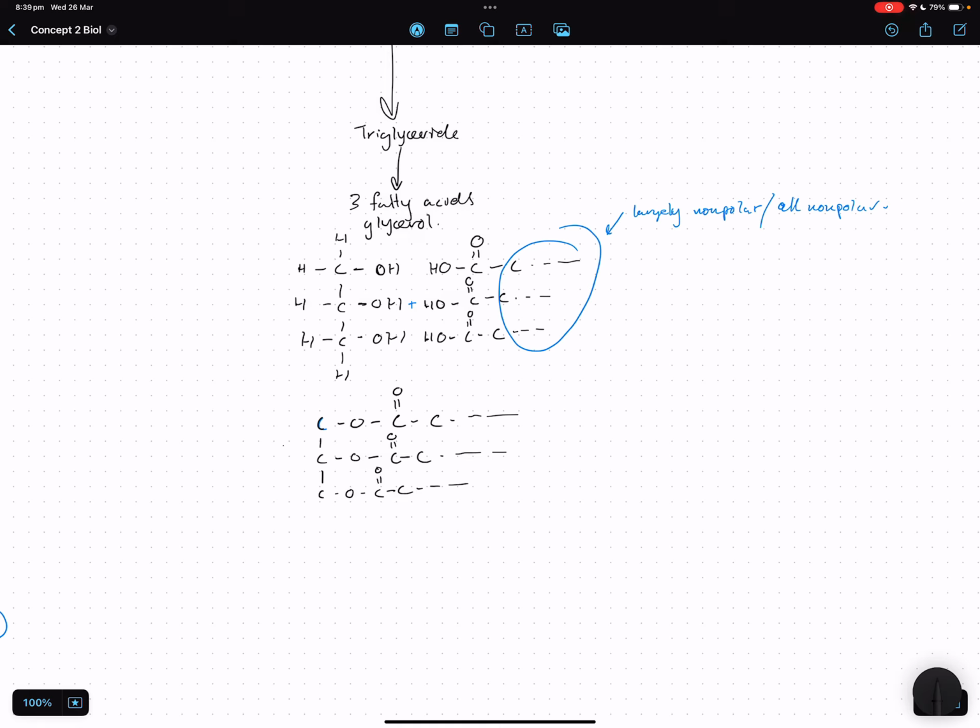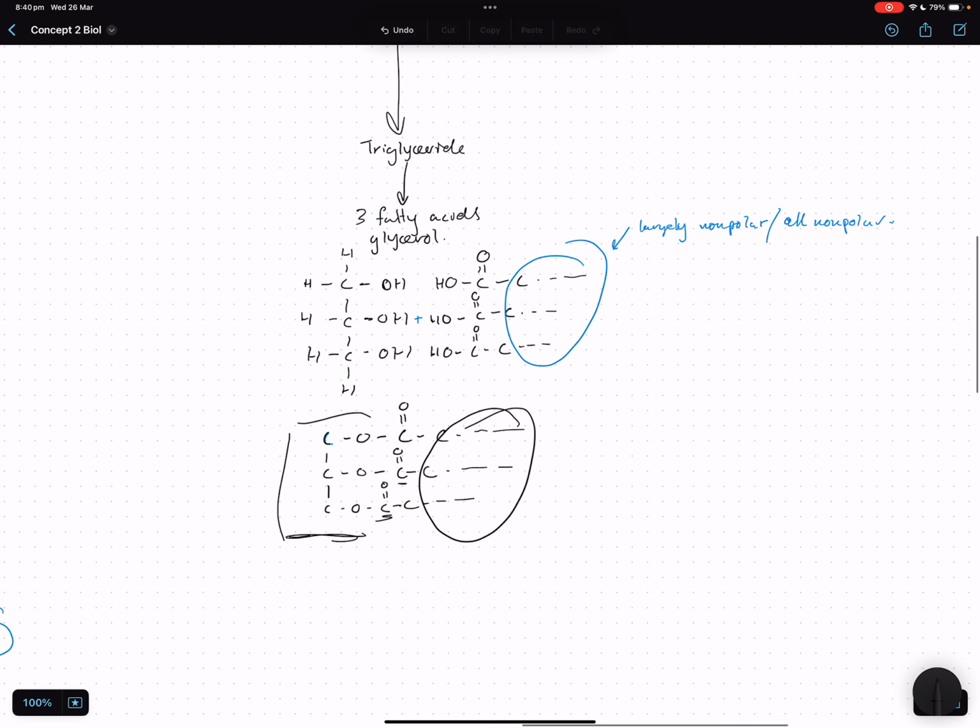So this part of the molecule is vaguely polar, but there's a much bigger part which is nonpolar, so we consider the molecule to be nonpolar.